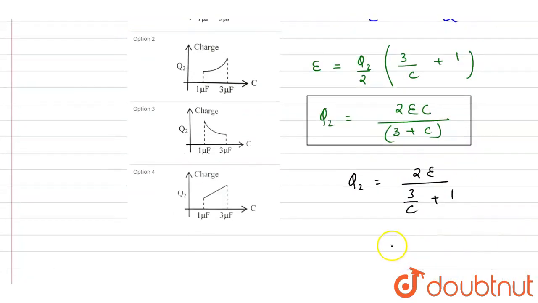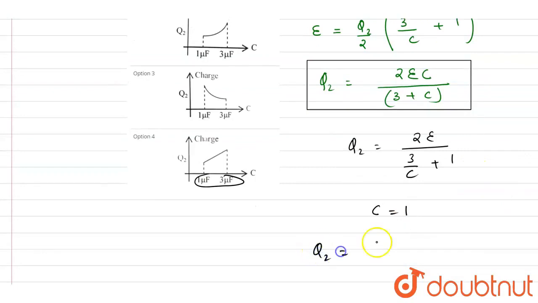Here C is varying from 1 to 3. If I write down the C value as 1, Q2 will be equal to 2E upon 3 plus 1.